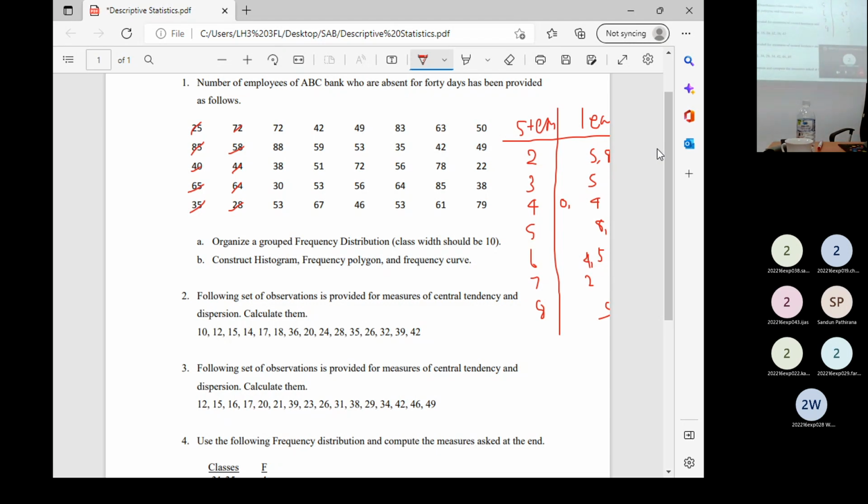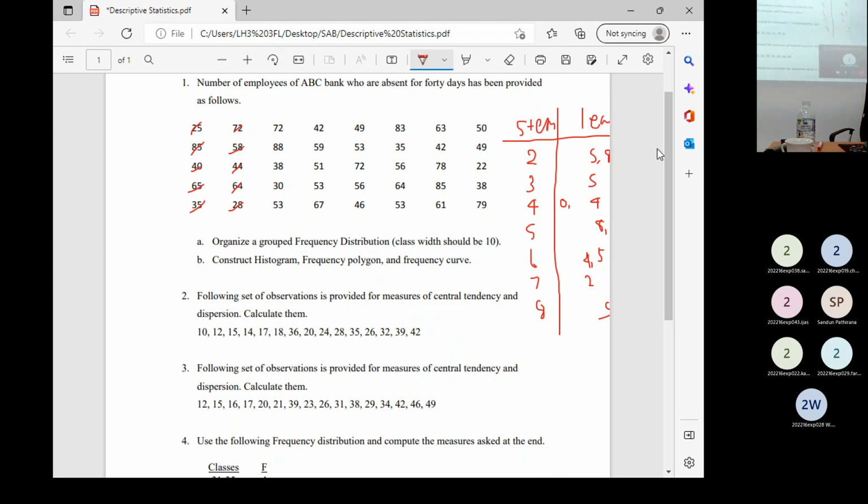Right, 42, 59, 42, 59. Then 51, 53, 67, 49, 53, 72, 72, 56, 46, 56, 46.